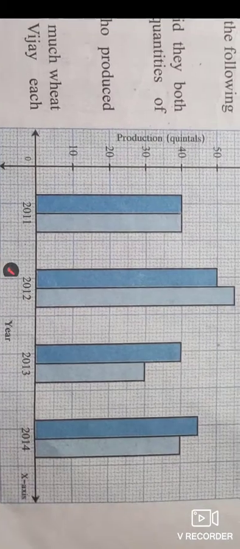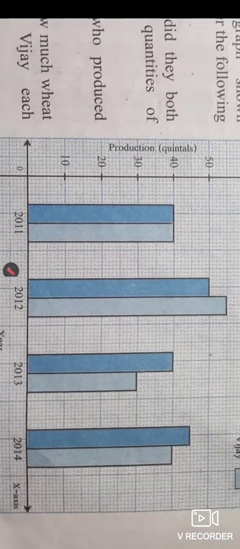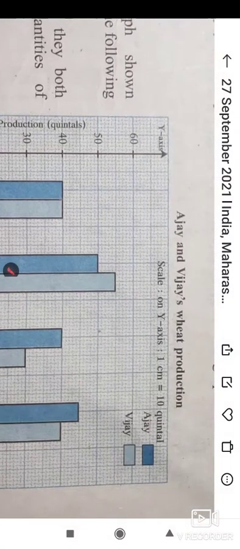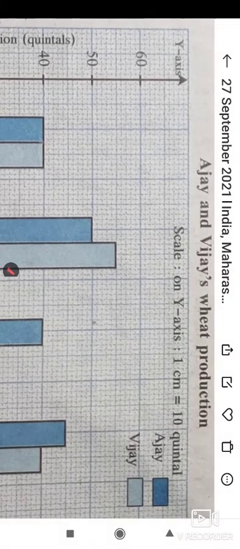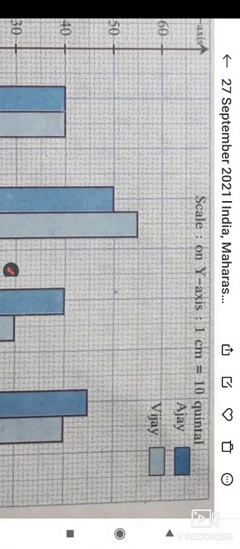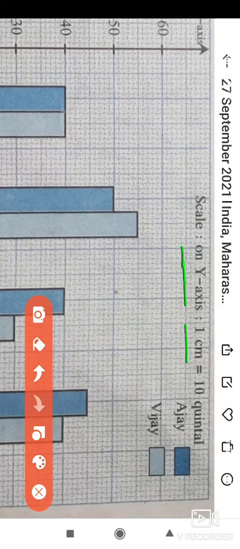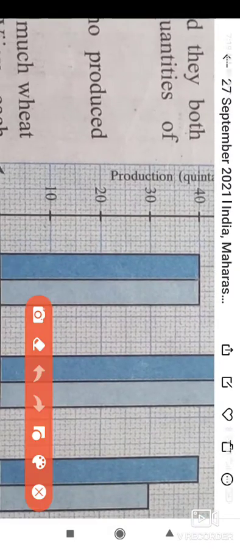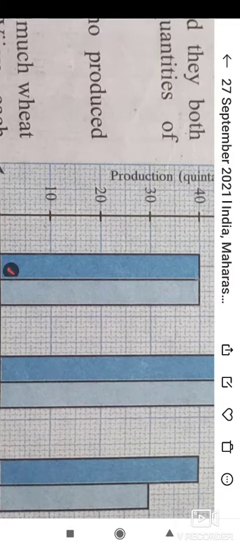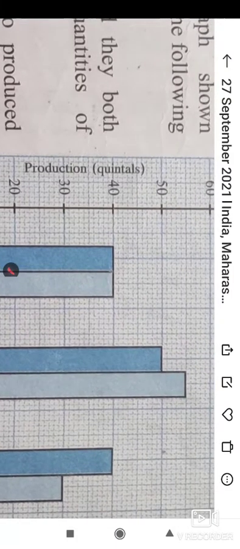Then decide the scale on the y-axis, how much quantity you are taking. Here the scale on the y-axis is 1 centimeter equal to 10 quintals. If you are taking 10 quintals, your measures must be multiples of ten: 10, 20, 30, 40, 50, 60, 70, 80, 90, 100.